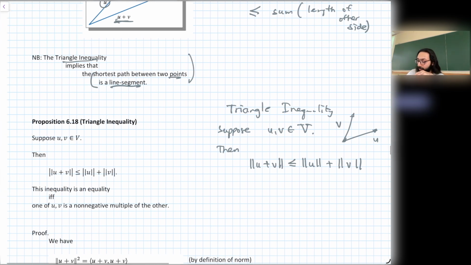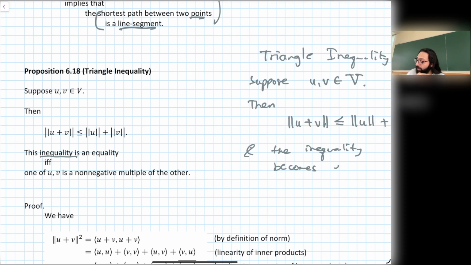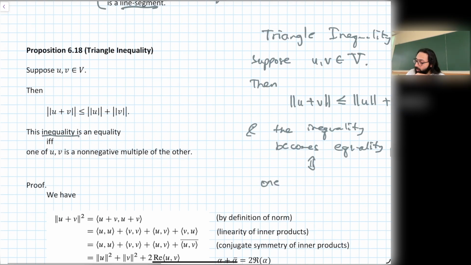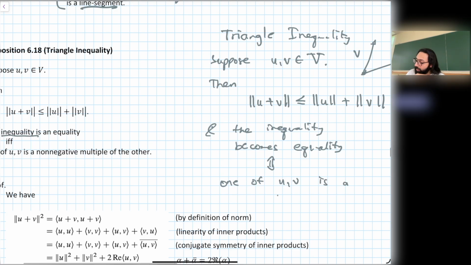Okay, and then it says that this inequality becomes an equality if and only if one of u, v is a non-negative multiple of the other.